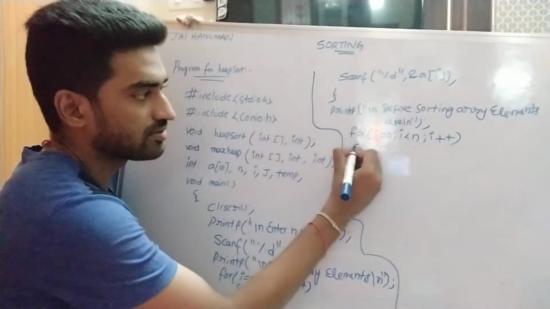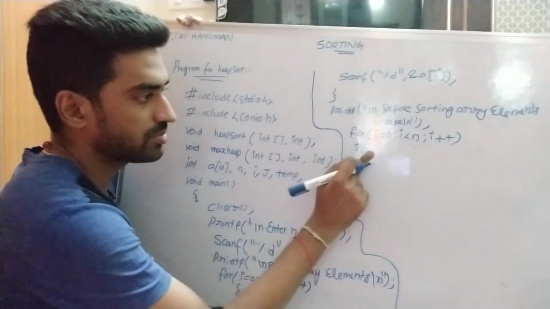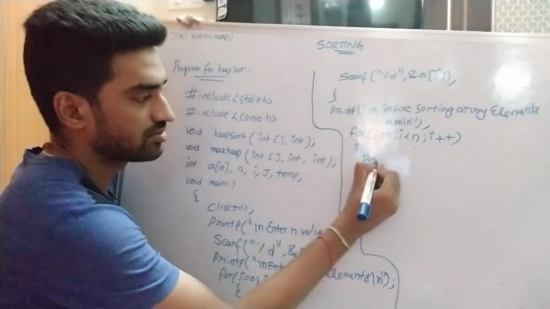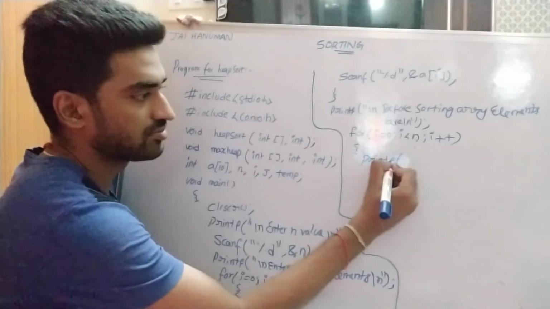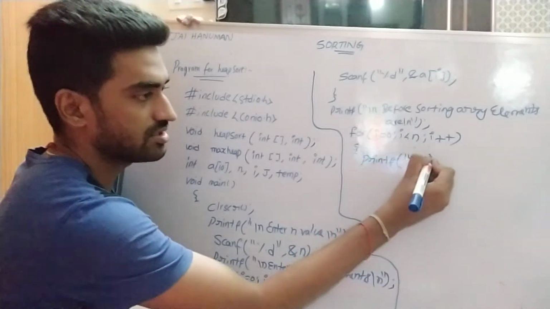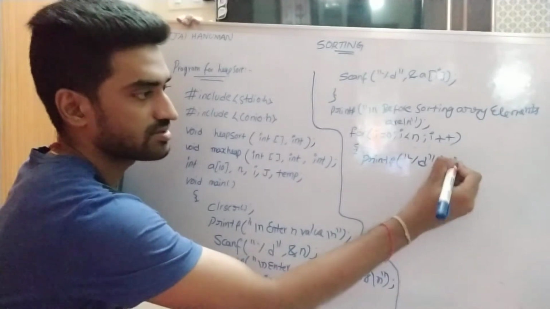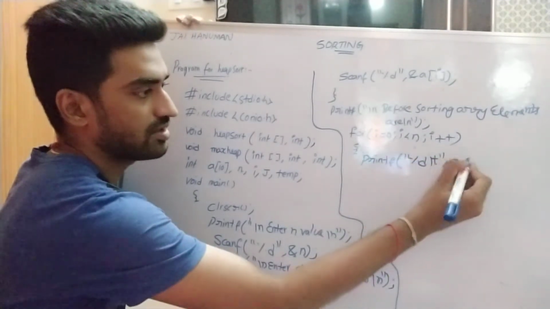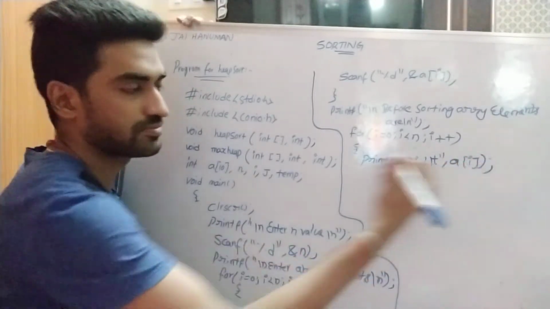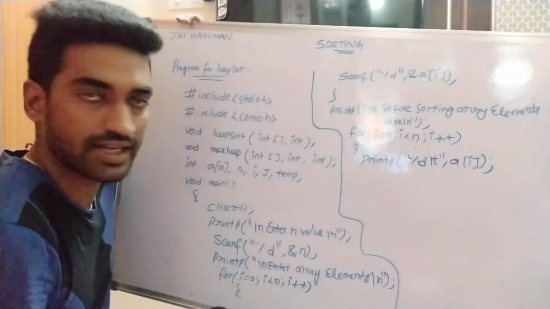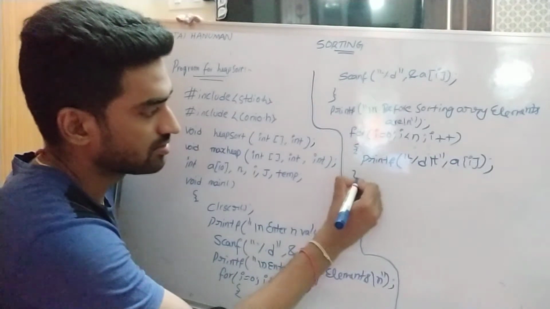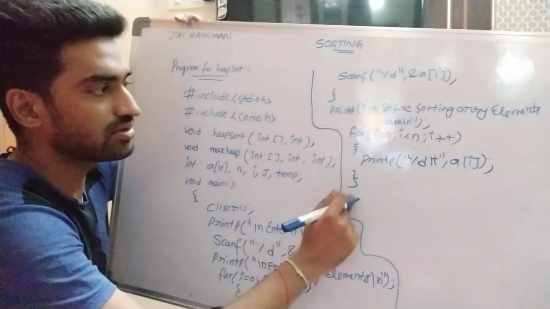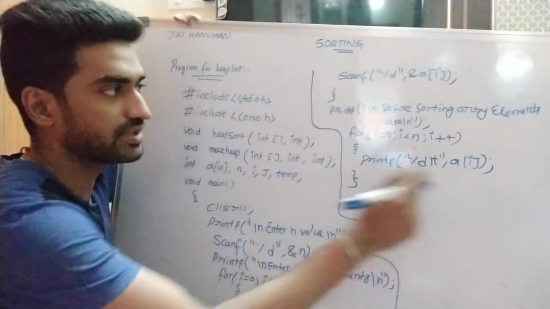Then I am printing %d followed by backslash t, printing all the array values. Once this condition fails, the control will be passed out of the loop.